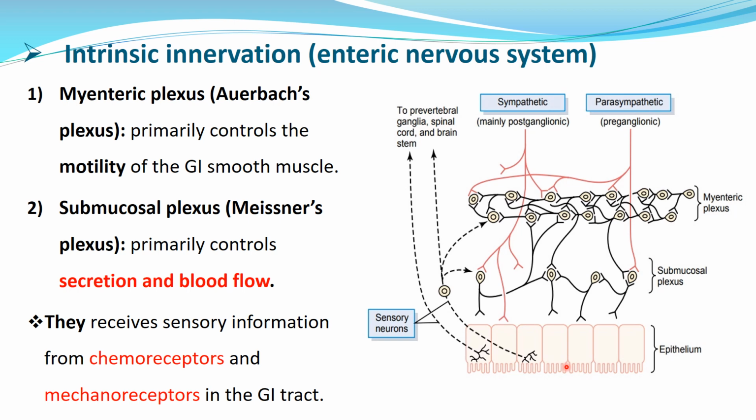Okay, so such as when there is a change of pH, it can be detected by the chemoreceptor. Then we have mechanoreceptors, and from the name you can directly say, they can be affected by mechanical factors such as stretching of the GIT.